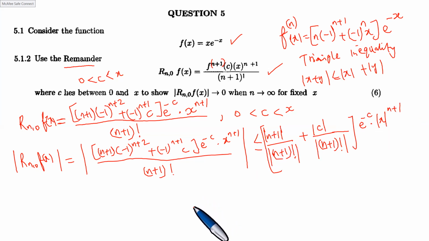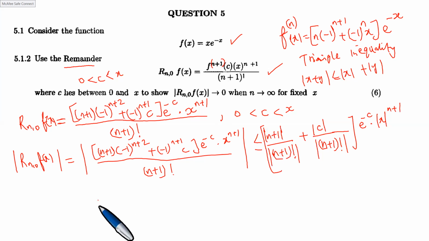It's less than or equal to because of the triangle inequality. We have allowed the modulus to have an effect on each of the terms in the sum.